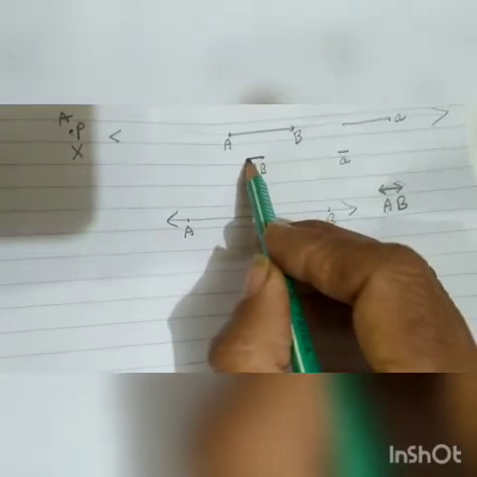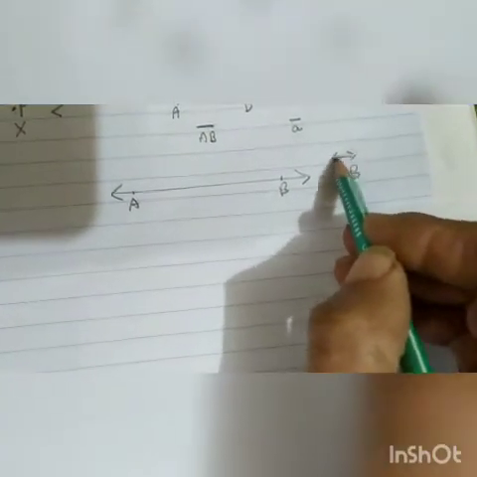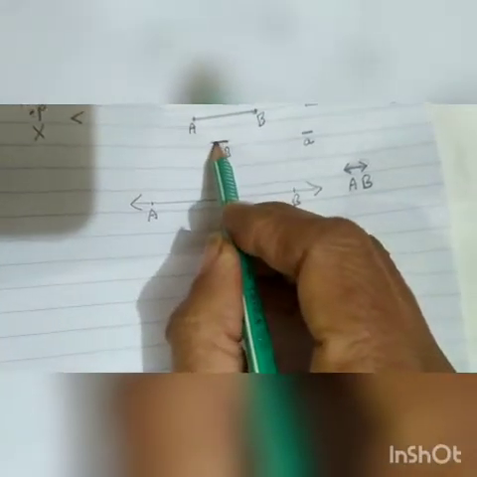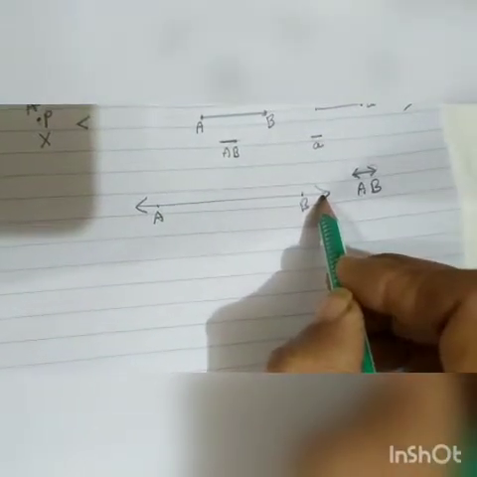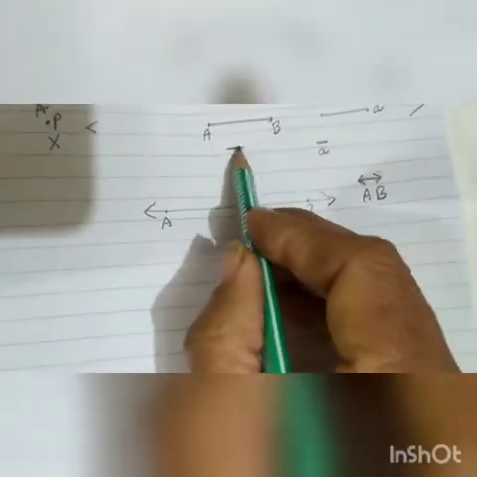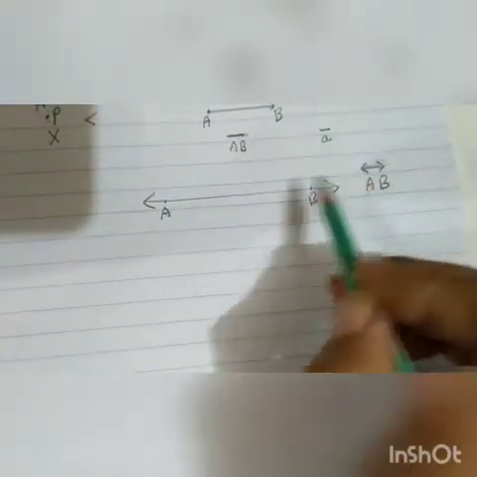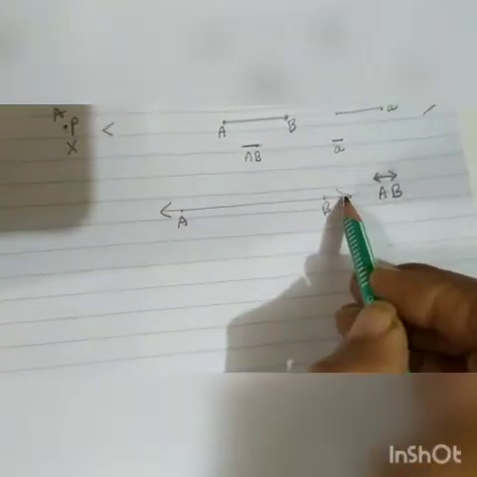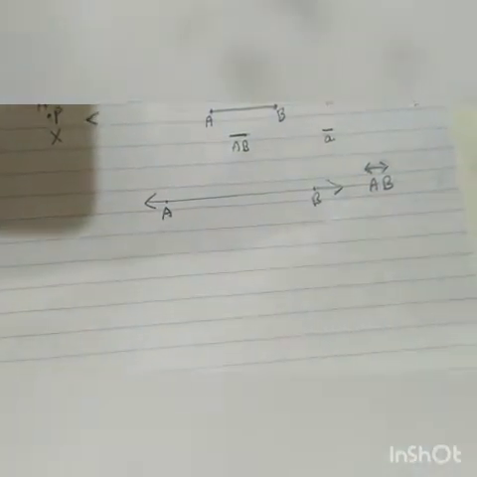In a line segment there is no arrow, and in a line, in both directions there is an arrow. So a line segment has definite length, a line has infinite length. A line segment has two endpoints, a line has no endpoint. It can be extended endlessly in both directions. This arrow shows that we can extend it in this direction and in this direction also.